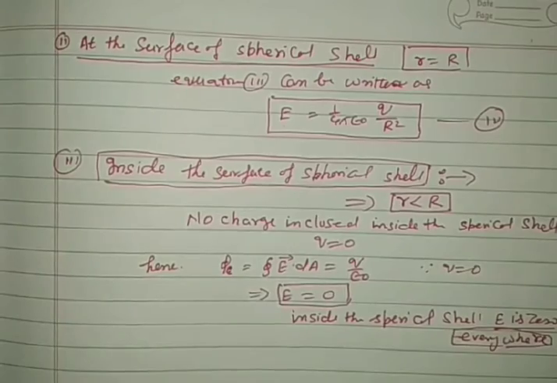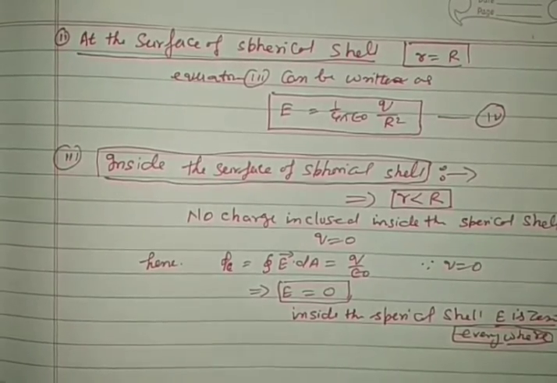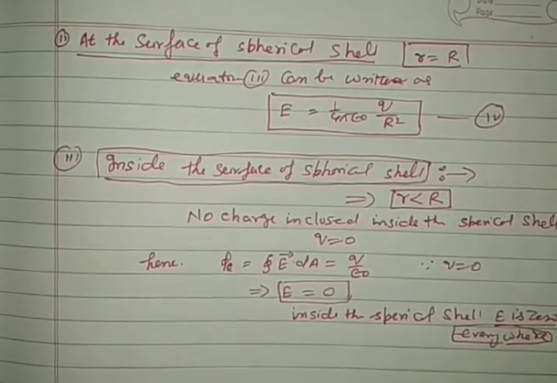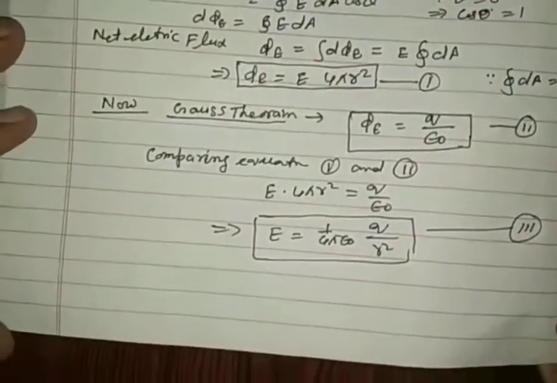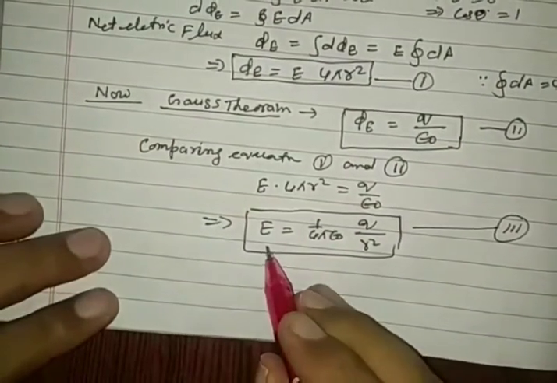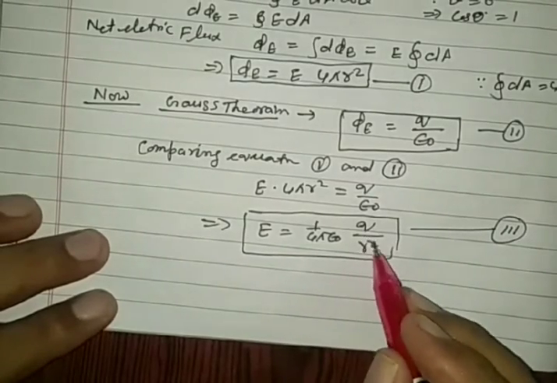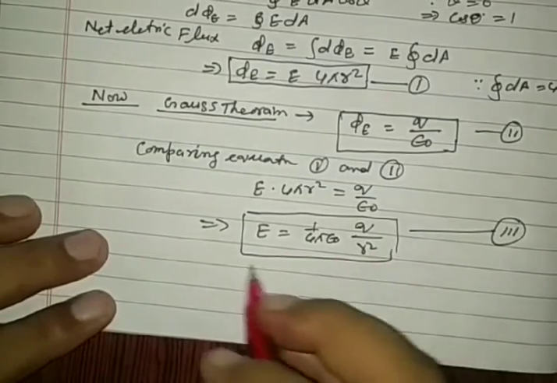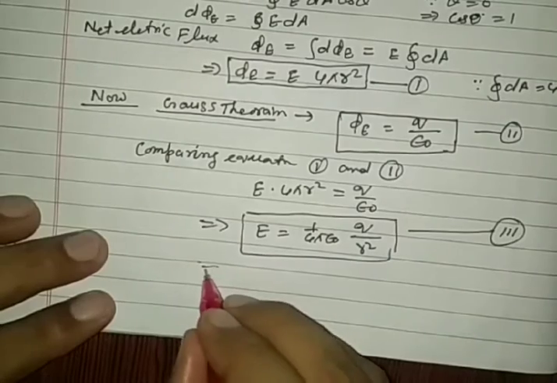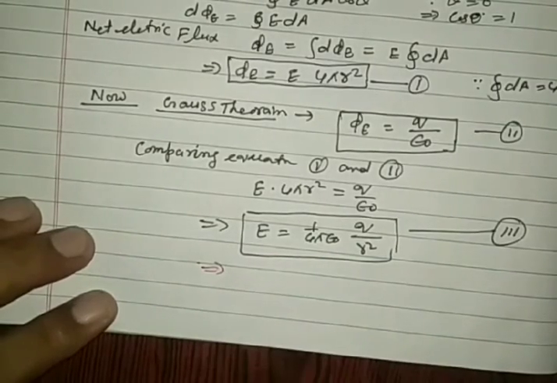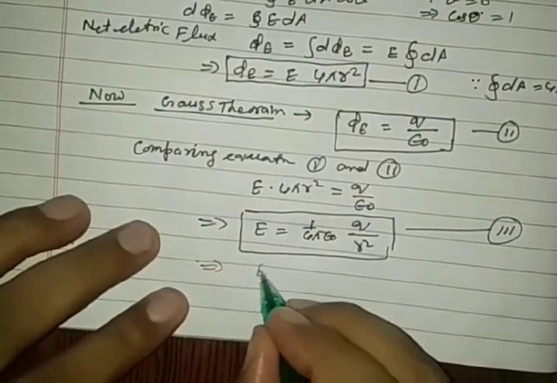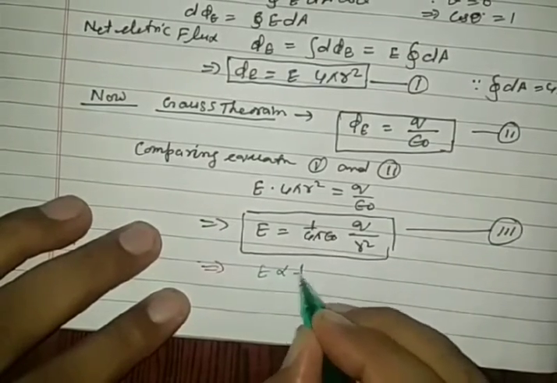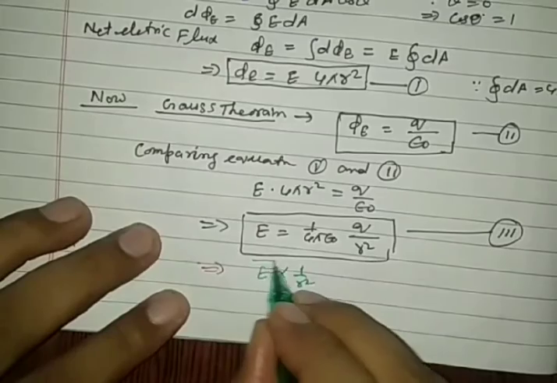Be careful. But for outside the surface, we want to focus on this formula which we have obtained here: E is equal to 1 upon 4 pi epsilon 0 Q by r square. See carefully here, this electric field is directly proportional to 1 by r square.